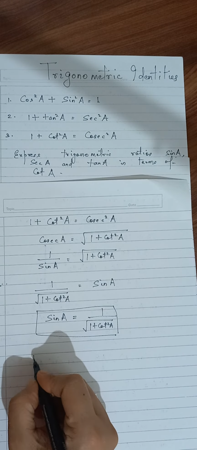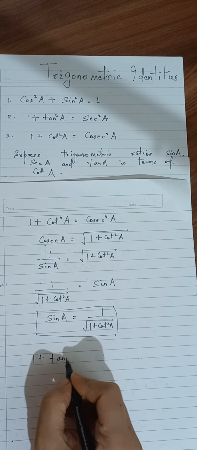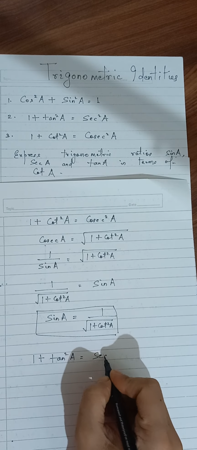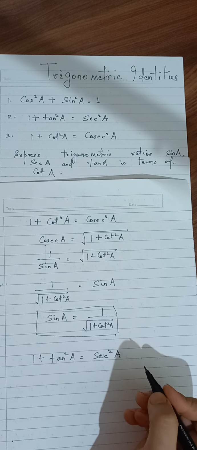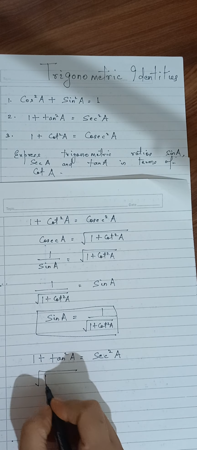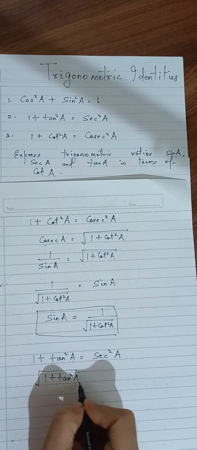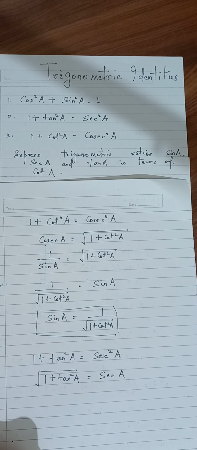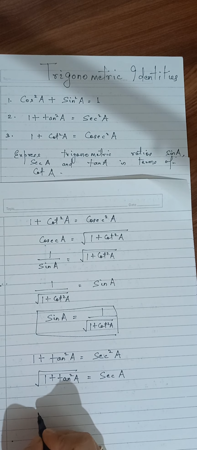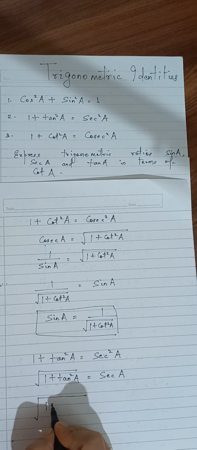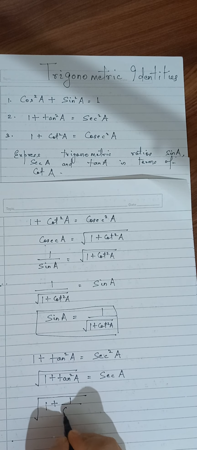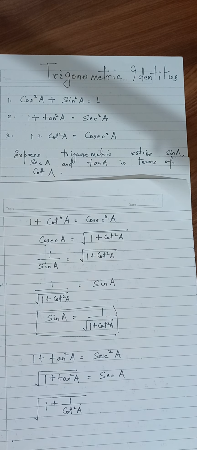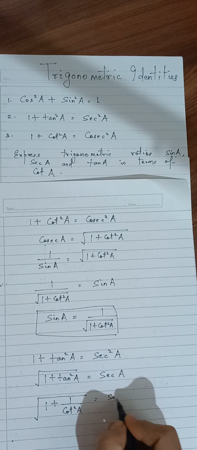So using the second formula, we can write 1 plus tan square A is equal to sec square A. Now taking the square root on both sides, it will become root under 1 plus tan square A is equal to sec A. Now you have to convert this tan to cot. So it will become root under 1 plus 1 upon cot square A, because square is there, so square should be there in cot also. So that is equal to sec A.